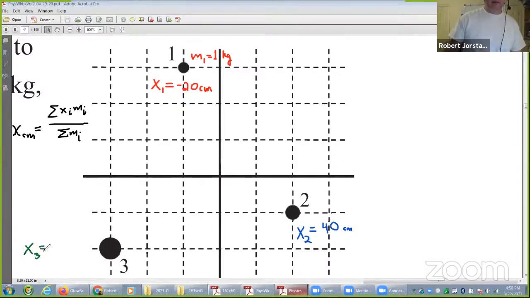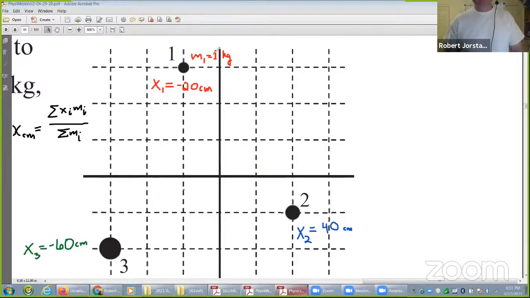That's going to be what? 20, 40, 60, -60. So right now, obviously, you could do the same thing for y1, y2, and y3. For example, y1 would equal positive 60, y2 would equal -20 centimeters, and y3 would equal -40 centimeters.